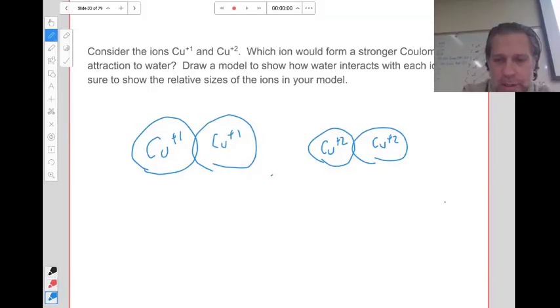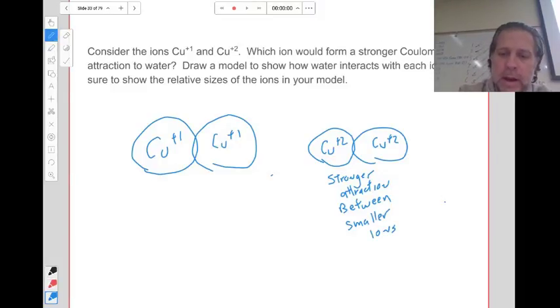There is a stronger attraction between smaller ions, making it harder for water to separate them.